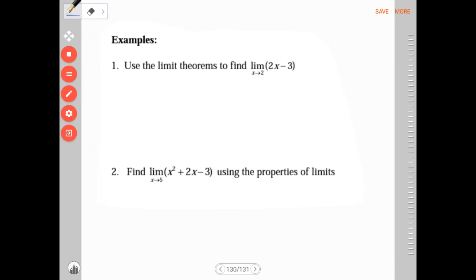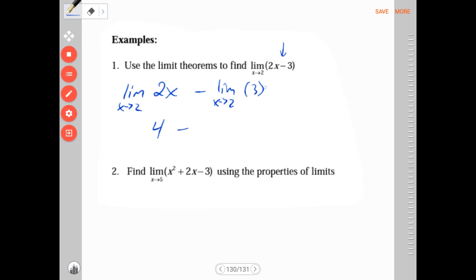Use the limit theorems to find this. Oh look, this is a difference of limits. So this is simply the limit as x approaches 2 of 2x minus the limit as x approaches 2 of 3. Well, this limit is just 4.